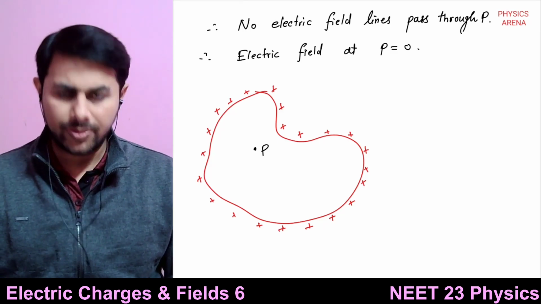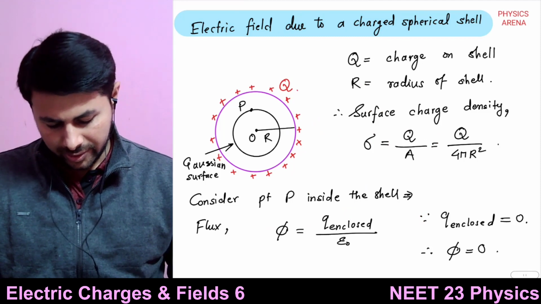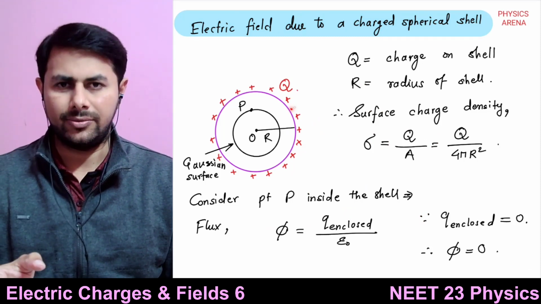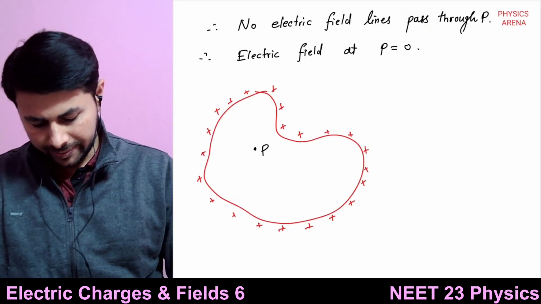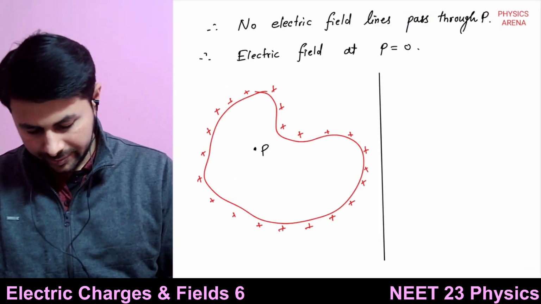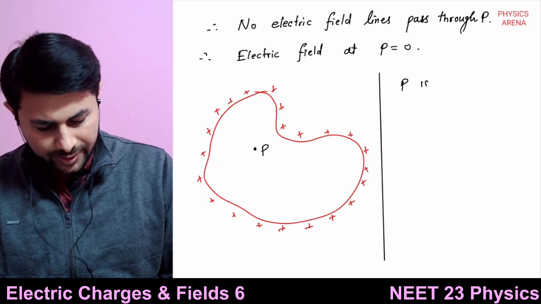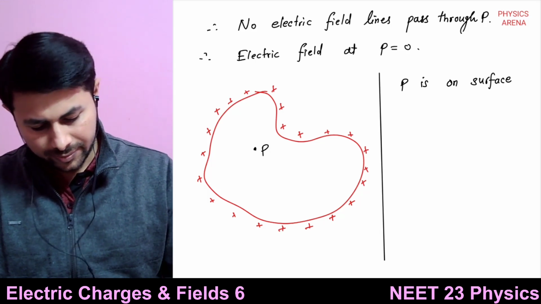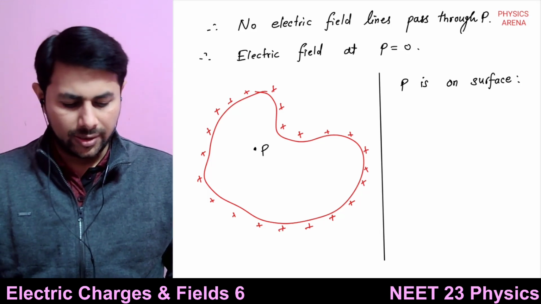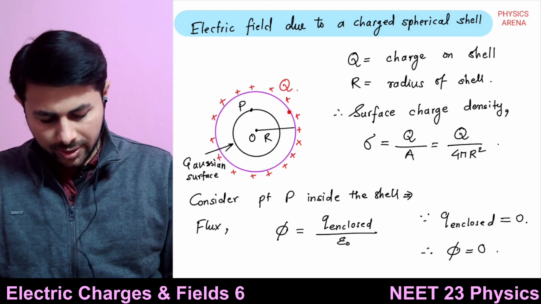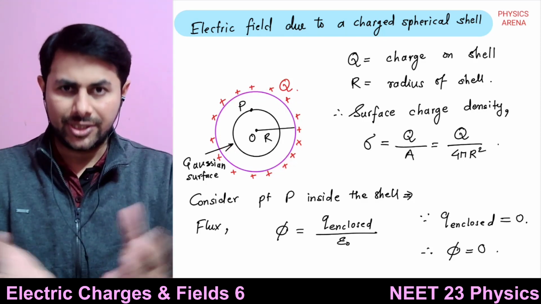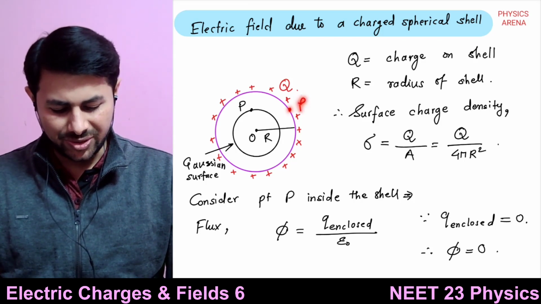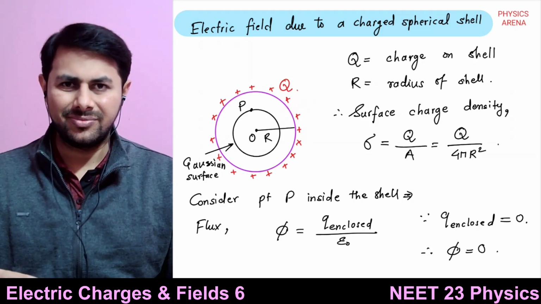Now, let's suppose our point P is just outside. You can see the point P is just on the surface. The next is point P on the surface of that spherical shell. Then whatever is the spherical shell, it's the Gaussian surface also, because point P is on the surface itself, right?